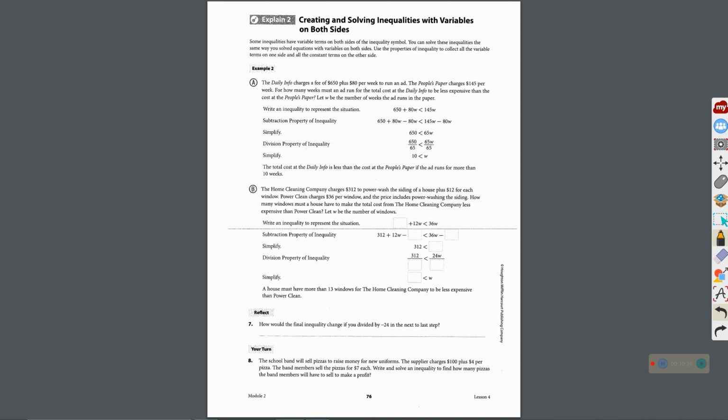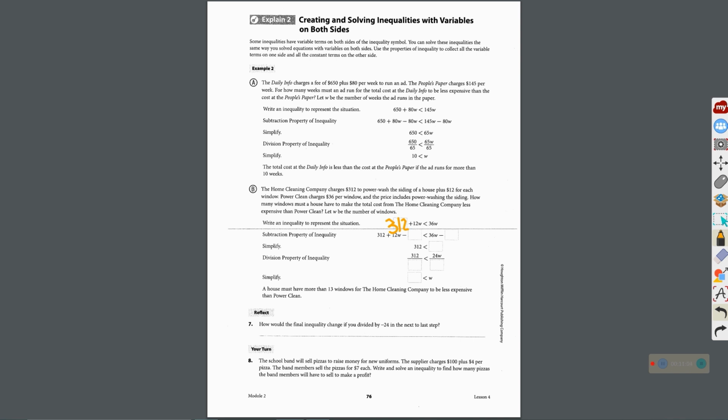B. The home cleaning company charges $312 to power wash the siding of a house, plus $12 for each window. So 312 plus 12 for each window. Power Clean charges $36 per window, which is demonstrated by 36W. How many windows must a house have to make the total cost from the home cleaning company less expensive than the Power Clean? So W is the number of windows.